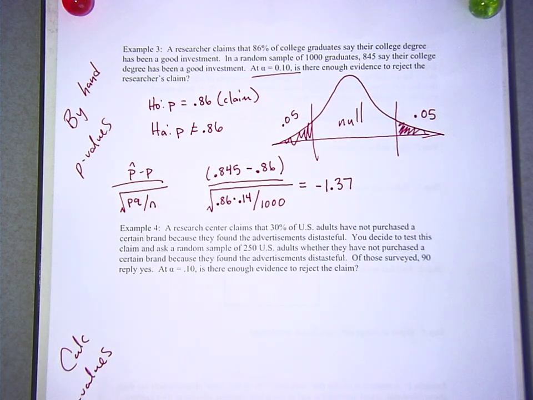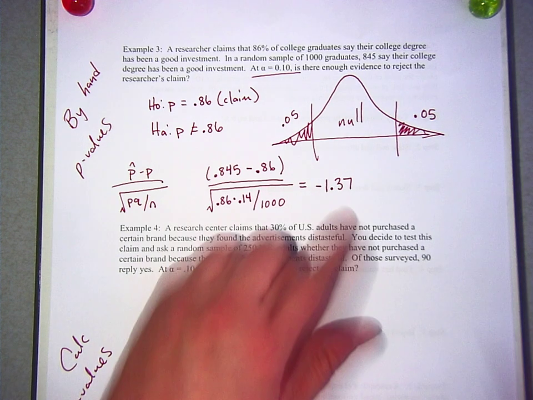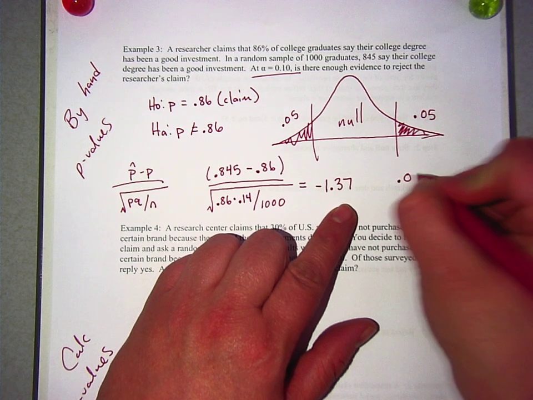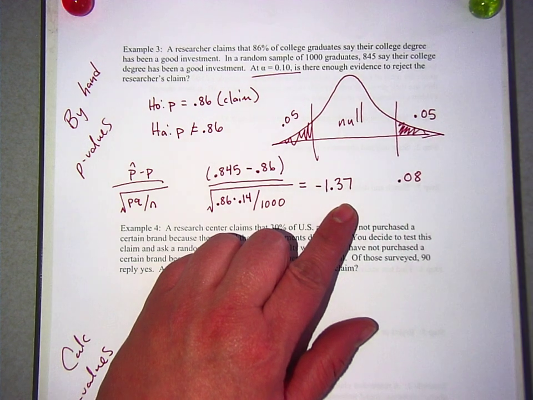Okay, now look at your z-table and look up the area that is to the left of negative 1.37. I got 0.0853.